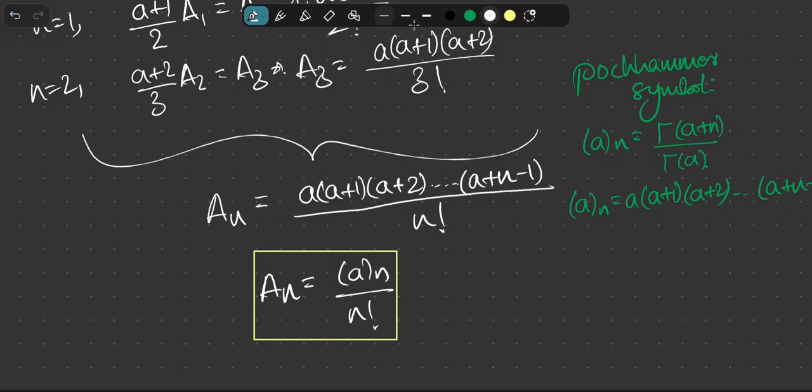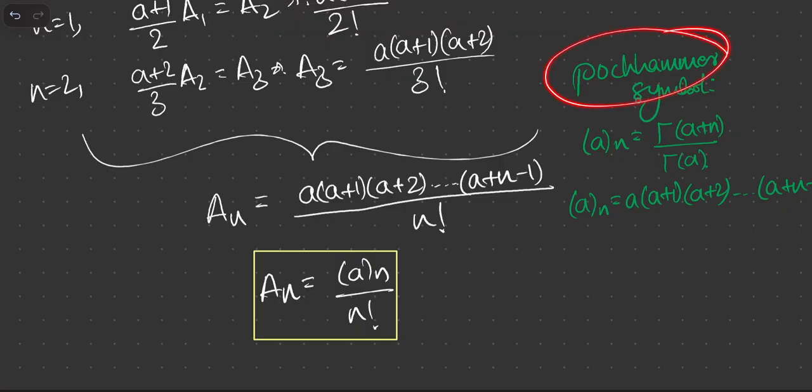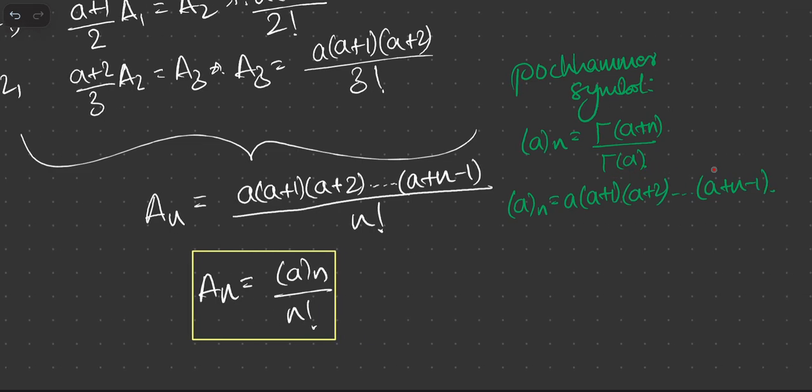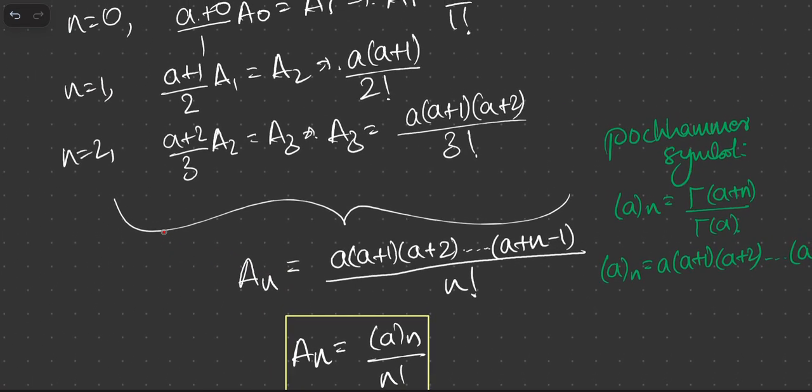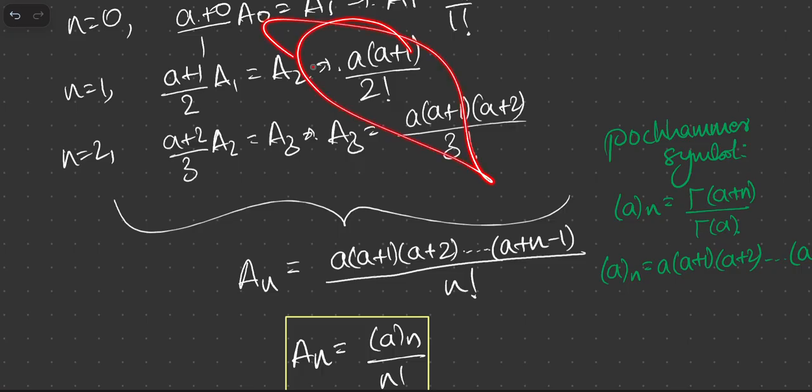Now, introducing the Pochhammer symbol, which we also used in our previous video. It's this representation: gamma of a plus n over gamma of a. This is the Pochhammer symbol's representation. So the generalization of a sub n, following the recurrence pattern, gives us a times a plus 1 times a plus 2, and so on, all the way up to a plus n minus 1, over n factorial.